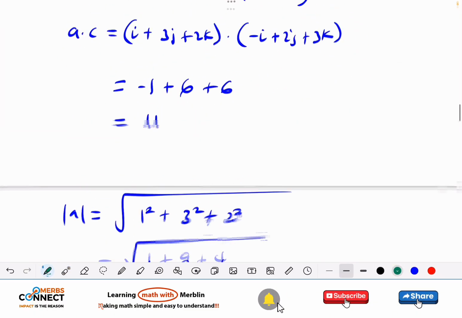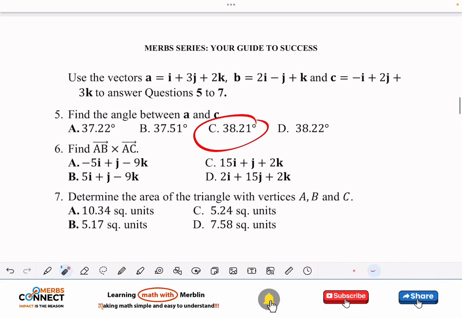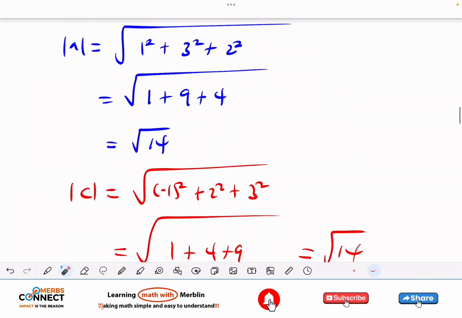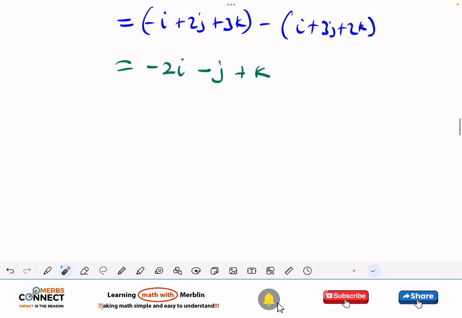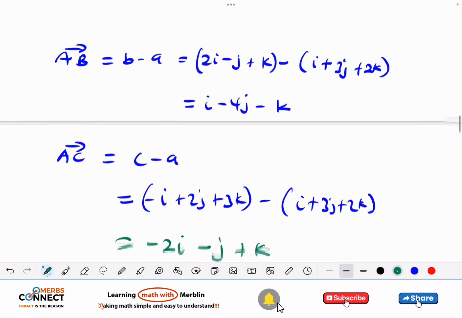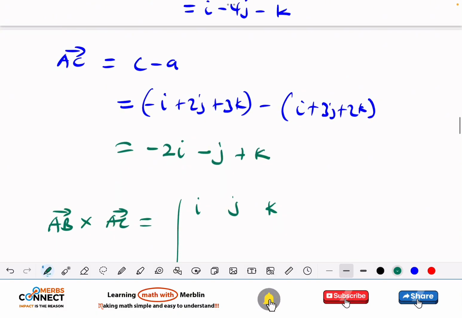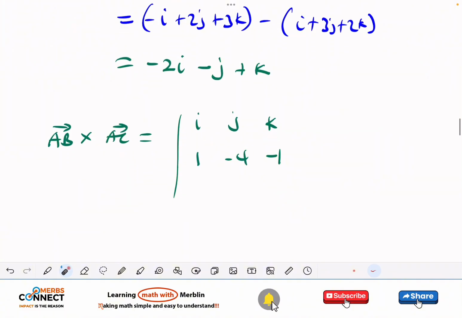So what we need is vector AB cross vector AC. So let's do that. We set up i, j, k. AB is 1, minus 4, and minus 1 from this side, and then AC is from here. So we are going to have minus 2, minus 1, and 1.